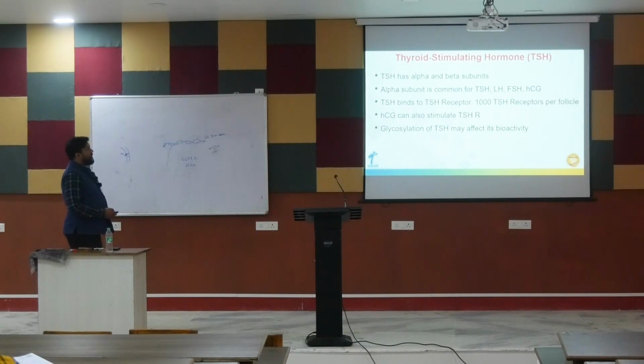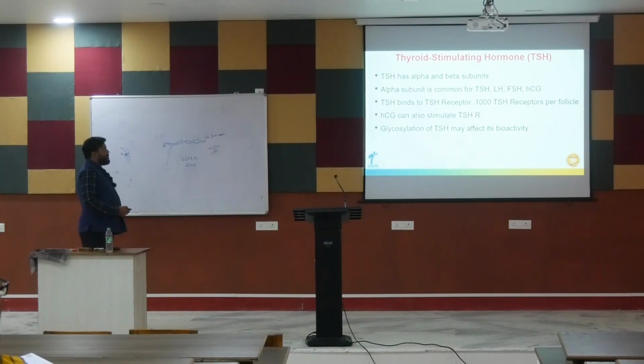Now regulation of thyroid hormones. So TSH has both alpha and beta subunits. In the structure of TSH there is one alpha and one beta subunit. The alpha subunit is common for TSH, LH, FSH and HCG hormone.